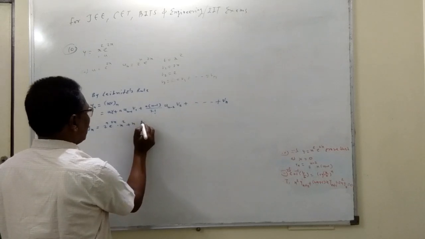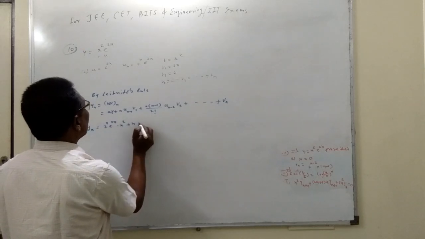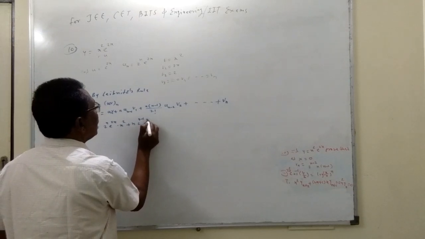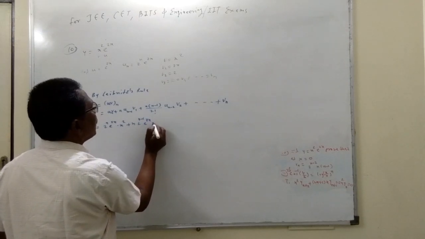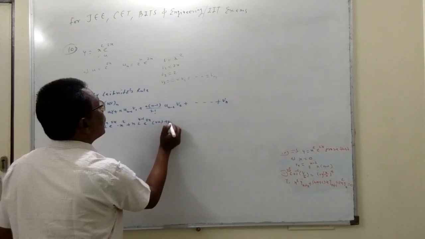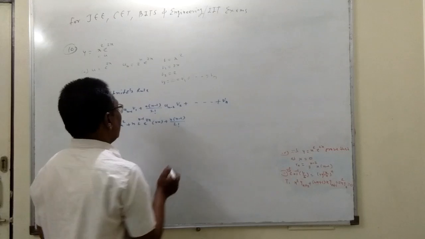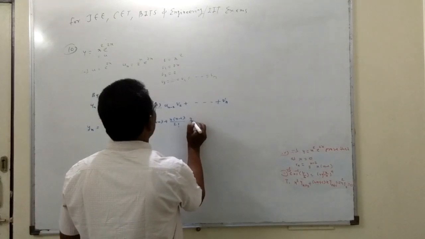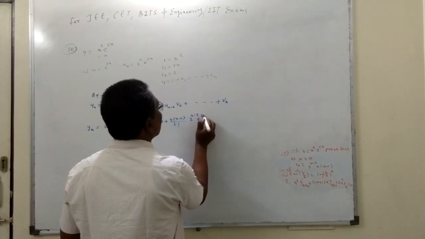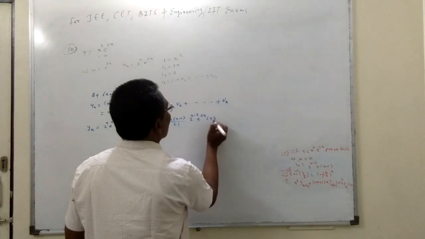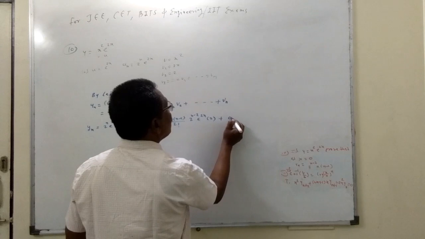Now u_(n-1), so instead of n we put n minus 1. So 2 raised to n minus 1 e raised to 2x into v1 which is 2x, plus n(n-1) upon 2 factorial u_(n-2), so 2 raised to n minus 2 e raised to 2x into v2 which is 2. Now the higher derivatives are 0.